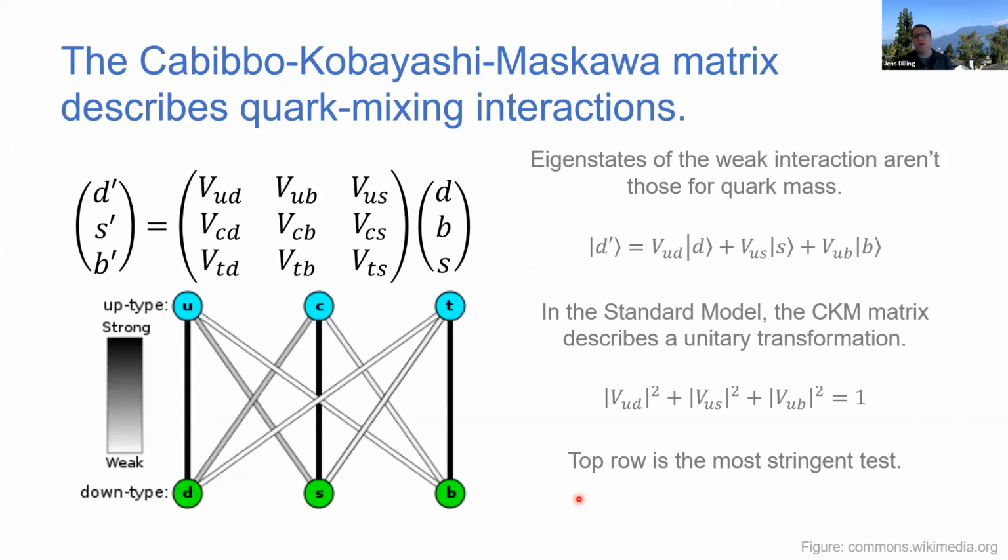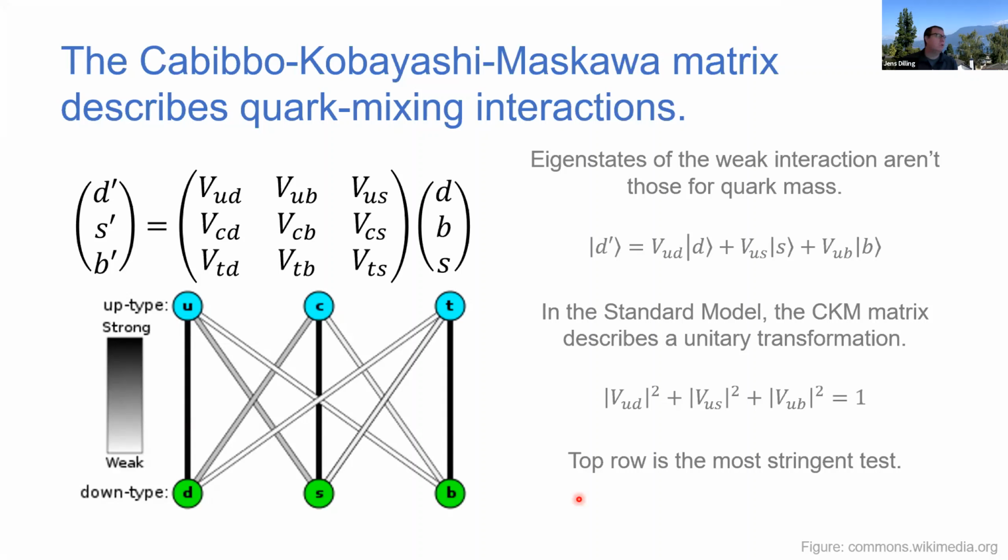So, and then you can apply that. The first example that I have here is testing the CKM matrix, the quark-mixing matrix. And I think there are some more talks on that topic later on in this week, where we want to look at how the weak eigenstates and the mass eigenstates are mixing together.